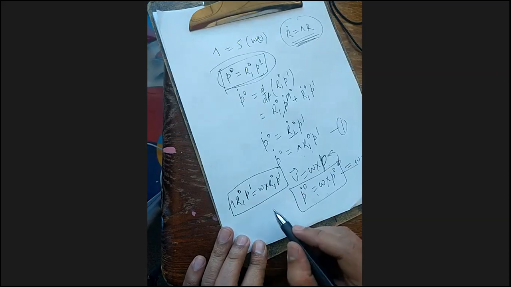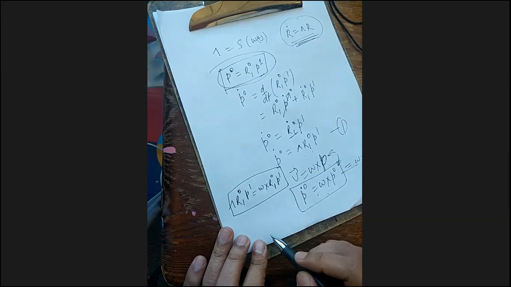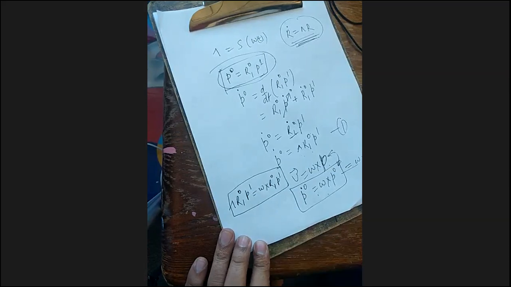Now from here, what do you see? P1's cancel. I mean, there's an R10 and P1 on both sides, but the right side has a cross. So P1 can be pulled out.